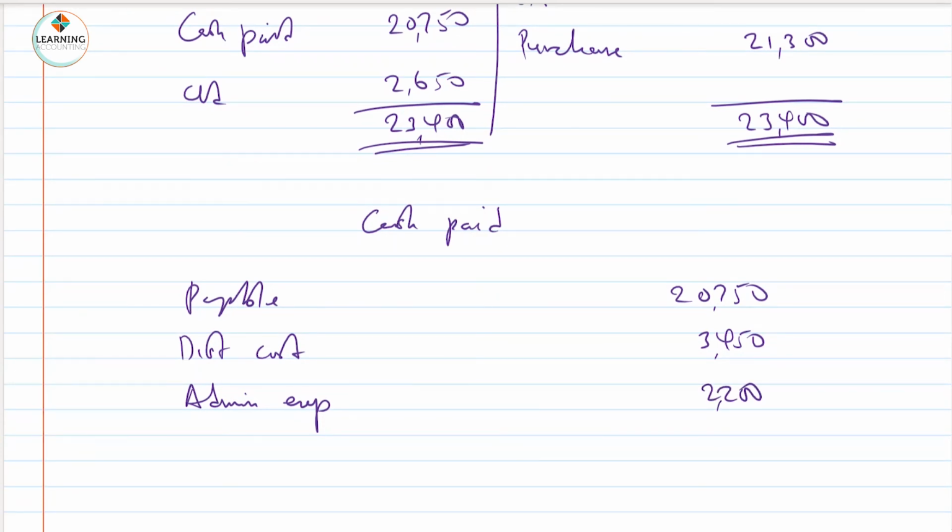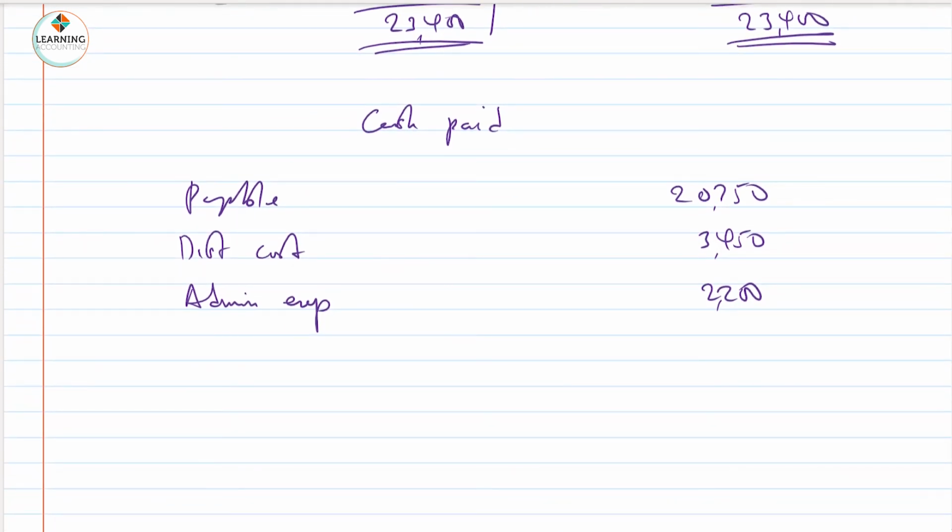Now there are some transactions that are already in this distribution and admin expense which we need to take out because they are non-cash in nature. For example, we have depreciation, which is 900. That's already been included, so we are removing it because it's non-cash. We have amortization, which is also 200.